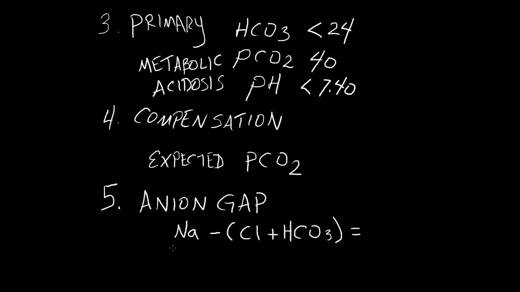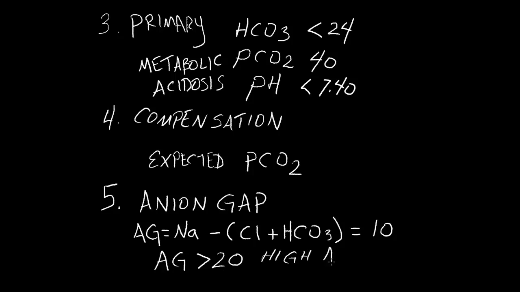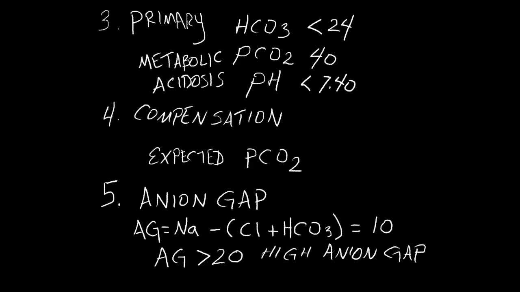And the normal anion gap, AG for short, is about 10. If the anion gap is greater than 20, then you have a high anion gap metabolic acidosis.